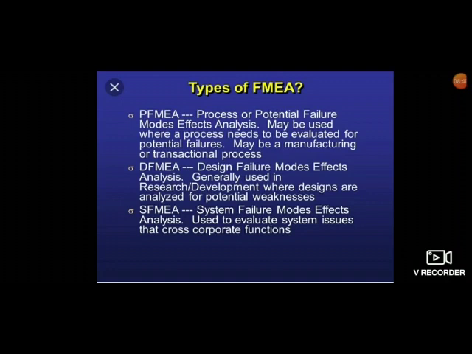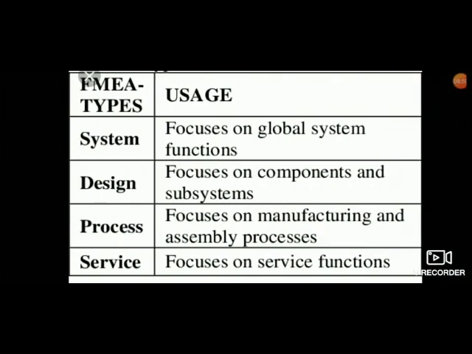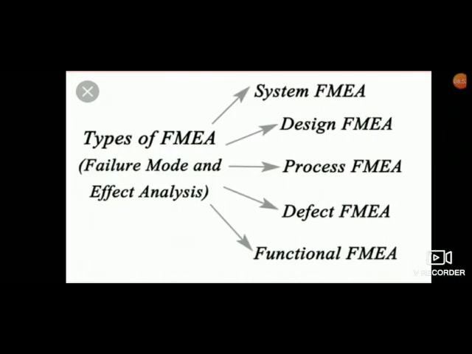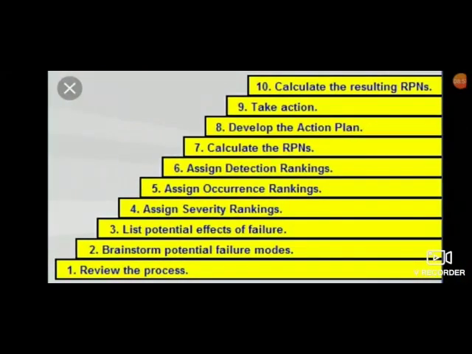Now, the steps involved in failure mode and effect analysis. There are 7 or 10 steps involved, depending upon the severity of the problem. Depending upon the solution to be given, the steps vary.